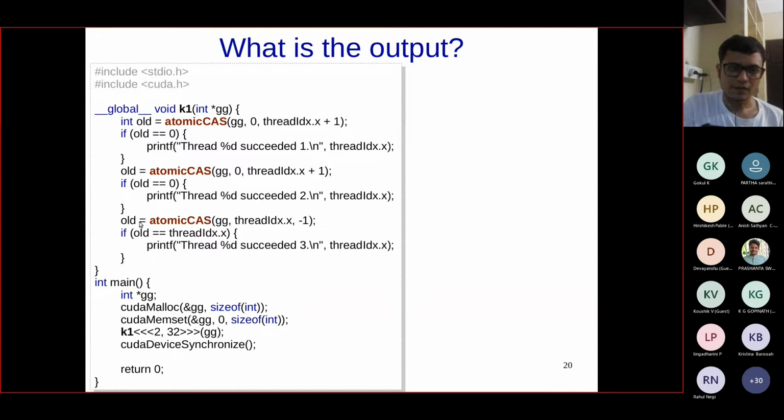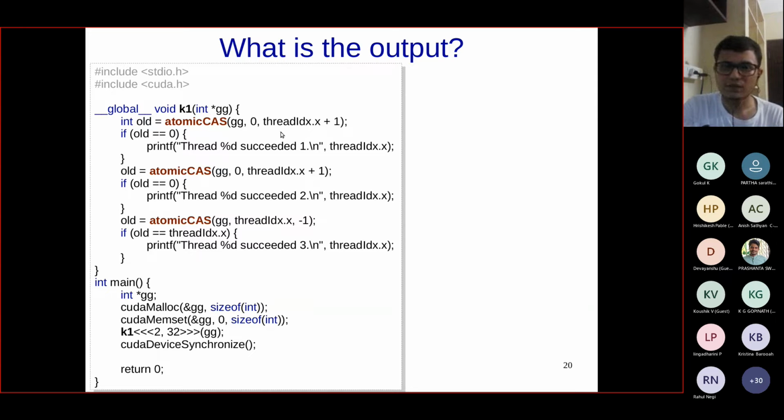Again we come to this third atomicCAS, where we are comparing GG with threadIdx.x. Let us understand which thread will succeed here. The thread with the ID just 1 greater than the thread which set GG to threadIdx.x plus 1 will succeed in this atomicCAS, because the value of GG will be threadIdx.x plus 1.